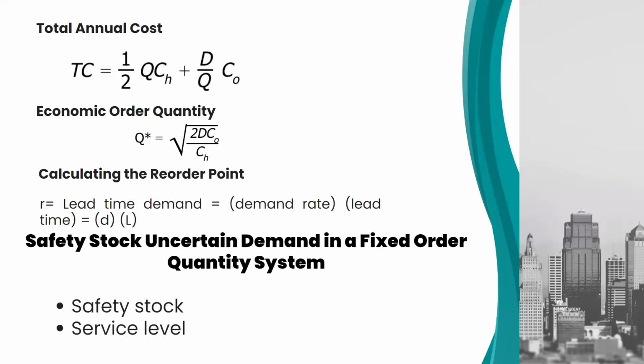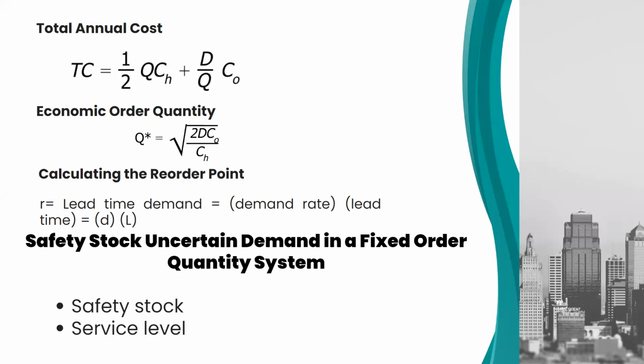Total annual cost. Total annual cost equals 1 divided by 2 multiplied by order quantity and annual holding cost per unit, plus annual demand divided by order quantity times cost per order. And economic order quantity.